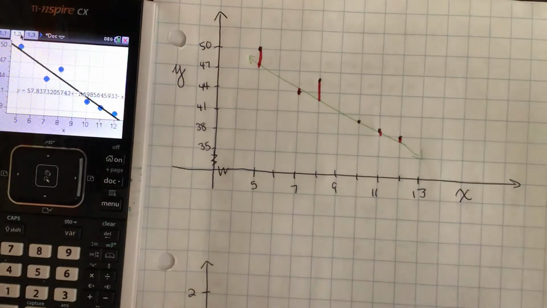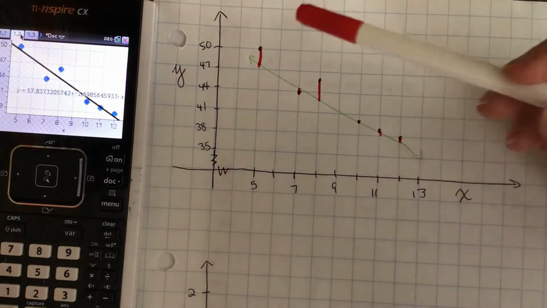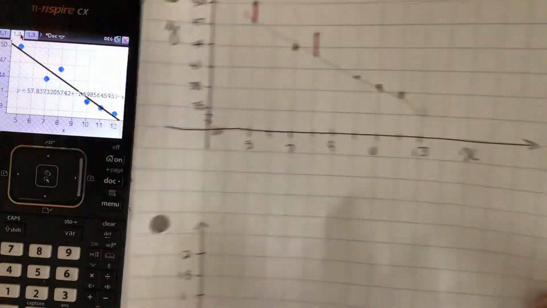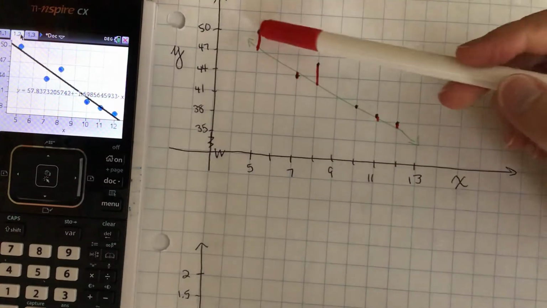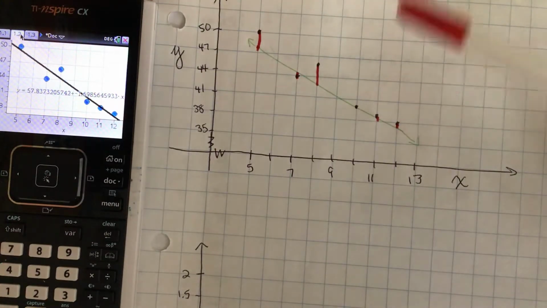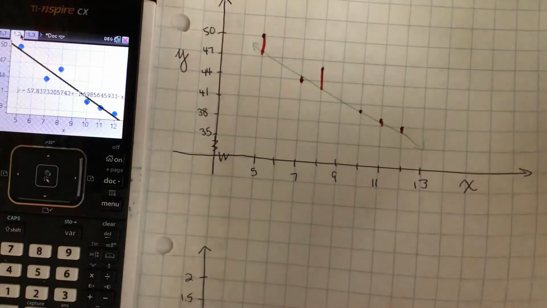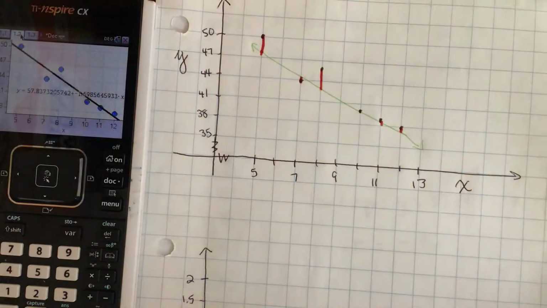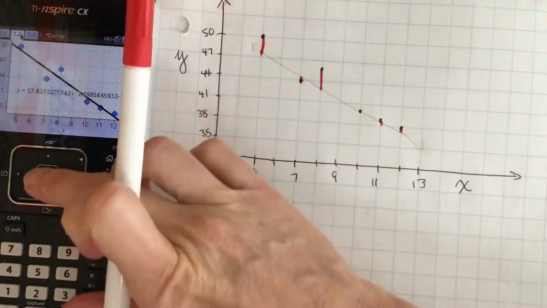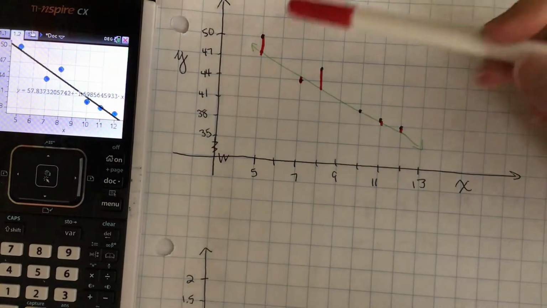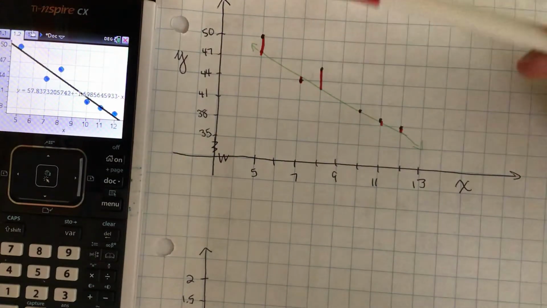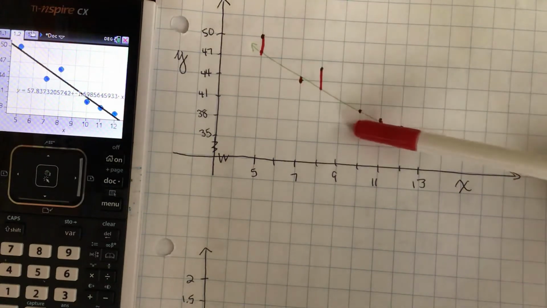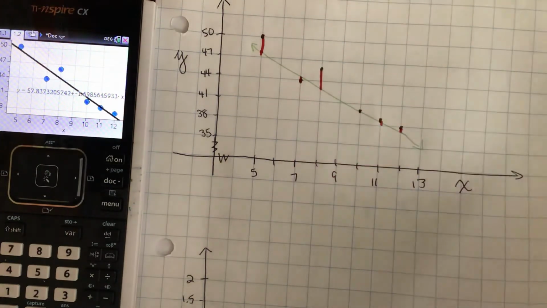So if we have a residual that's positive, think about the fact that that means we are looking at points that are above the least squares regression line, and if we have a negative value, we are actually looking at values that are below the least squares regression line or lower than the predicted value. Okay, so above the line, if they're positive, the actual value is larger than the predicted one, and if they're negative, that means the actual value is lower than the predicted.